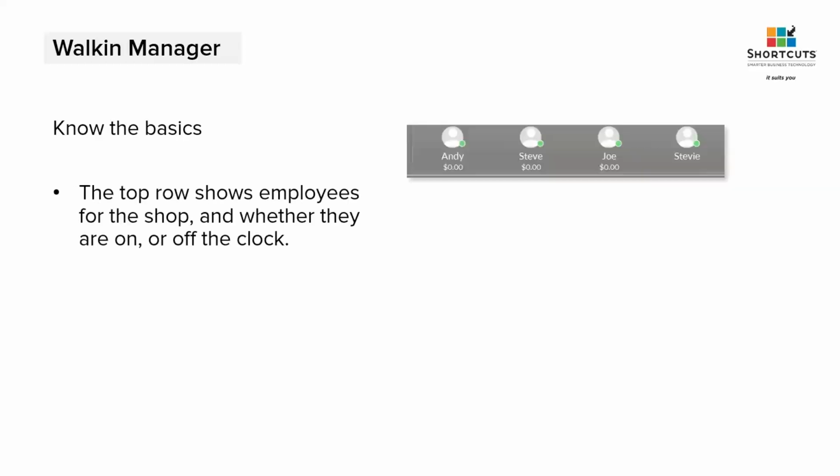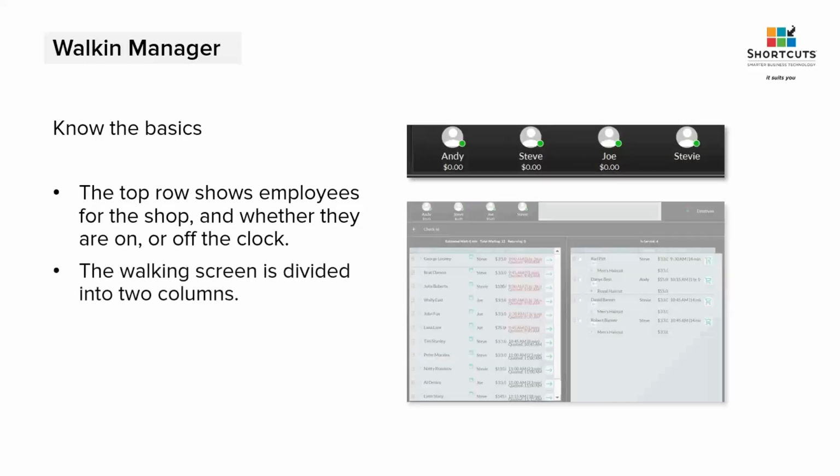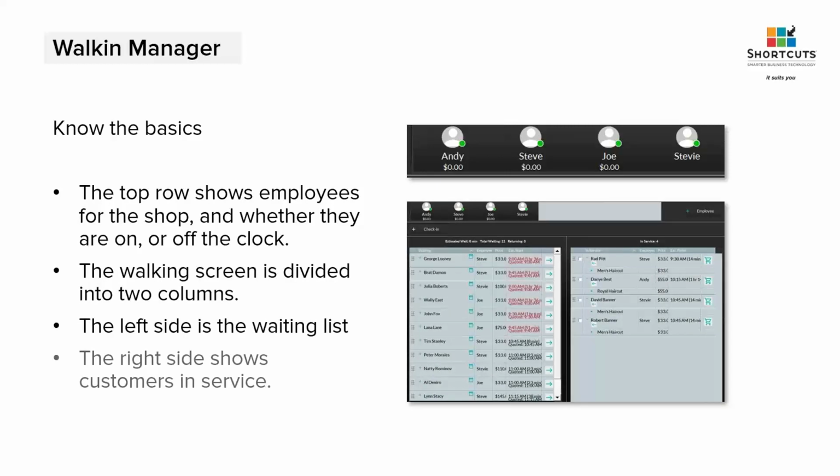So now that you've adjusted some of those settings, you need to know about the new layout. If you're used to the walk-in manager in Shortcuts 7, Shortcuts Fusion, you'll notice that the middle column has been removed. So now we have a left column and a right column, and the staff, instead of being listed at the bottom of the screen, are now at the top of the screen.